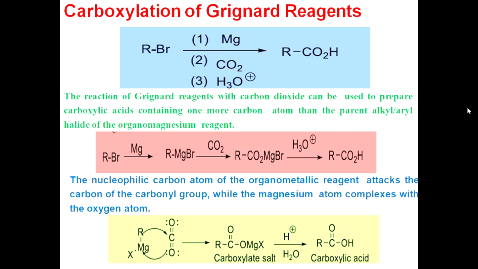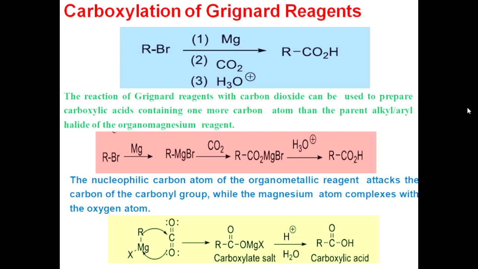Now, the next method for the preparation of carboxylic acid is the carboxylation of Grignard reagent, where alkyl halides undergo reaction with magnesium and form the Grignard reagent. This Grignard reagent will undergo reaction with carbon dioxide, followed by hydrolysis, to give the carboxylic acid.